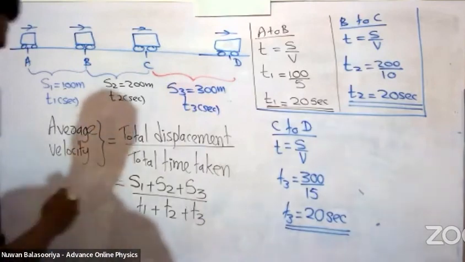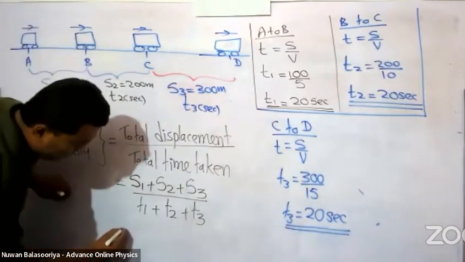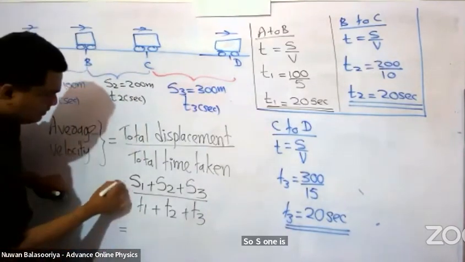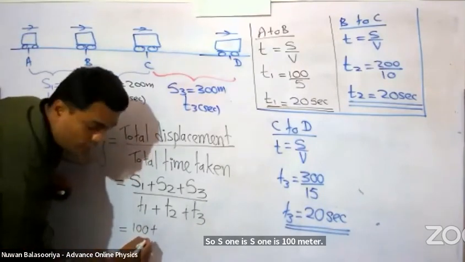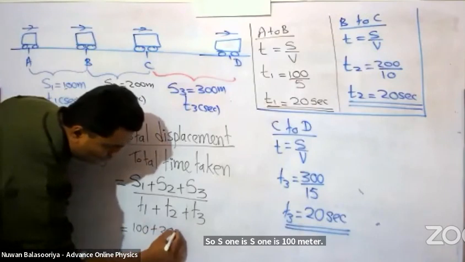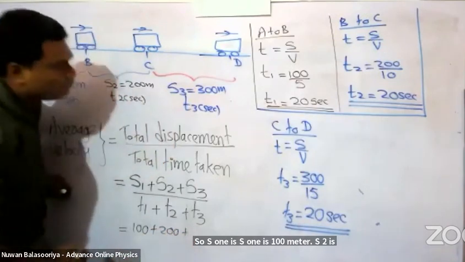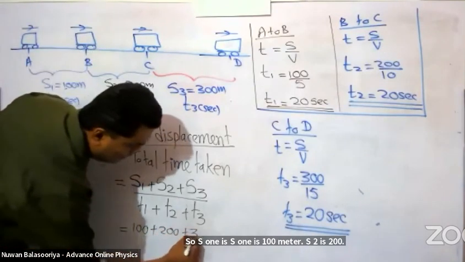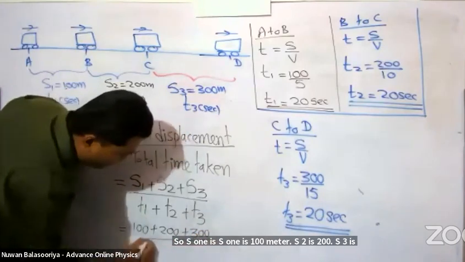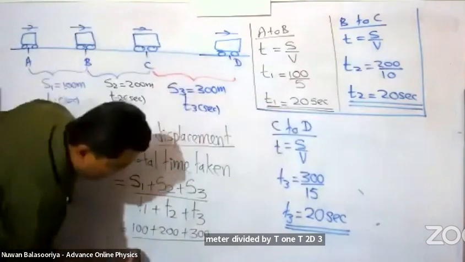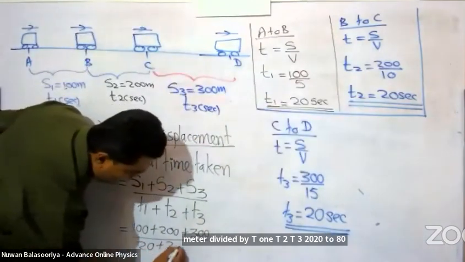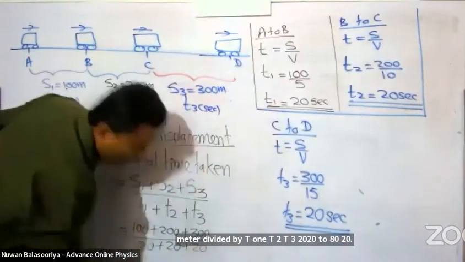So S1 is 100 meter. S2 is 200 meter. S3 is 300 meter, divided by T1, T2, T3, which are 20, 20, 20.